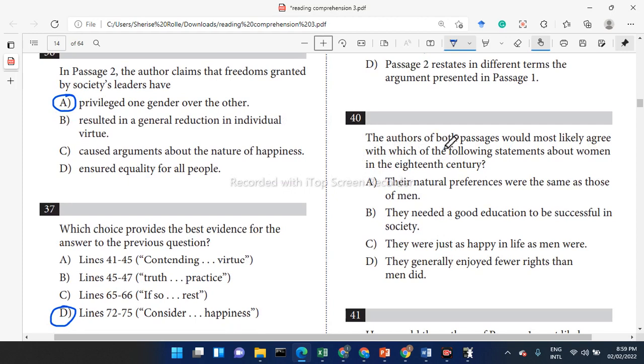All right, the authors of both passages would most likely agree with which of the following statements about women in the 18th century? Oh, this is a long time ago. I see why this is such a big debate. Is it A, their natural preferences were the same as those of men? B, they needed a good education to be successful in society. One moment, sorry.